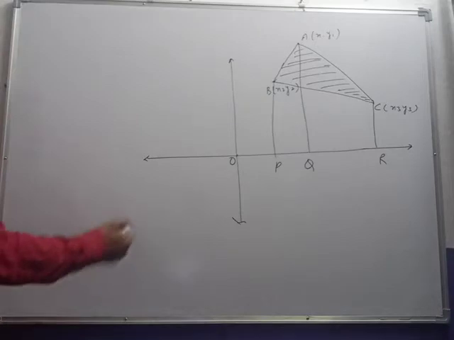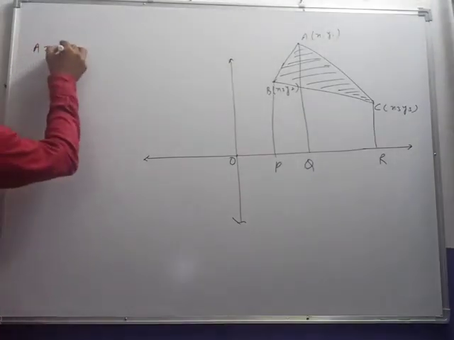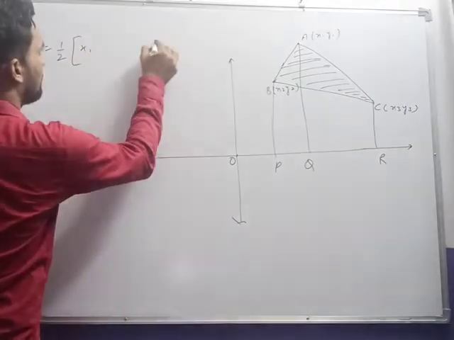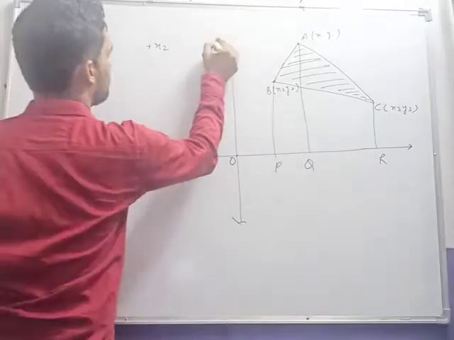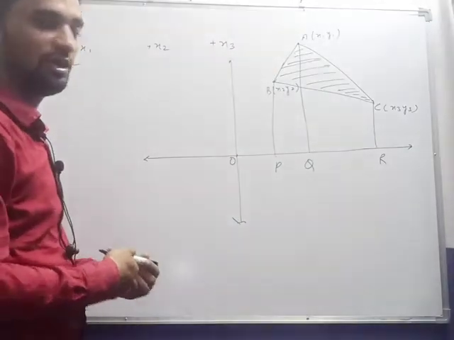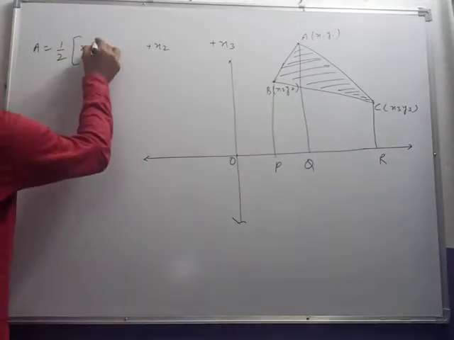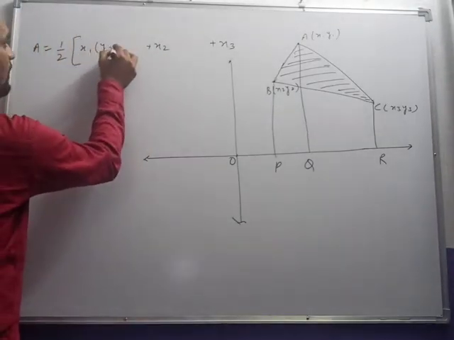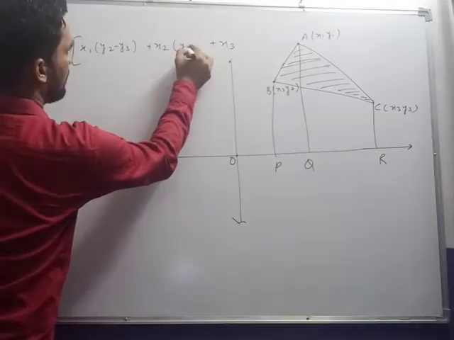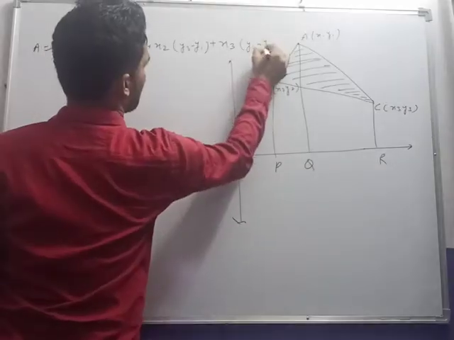Directly I am writing the formula for area. Area will be 1 by 2 in bracket, x1 times (y2 minus y3), plus x2 times (y3 minus y1), plus x3 times (y1 minus y2). It is a way to learn the formula: x1, x2, x3.